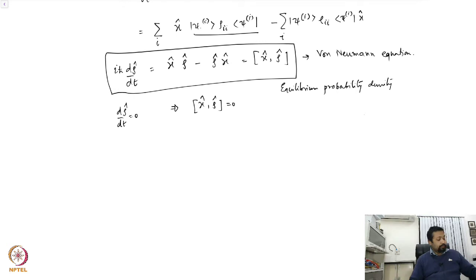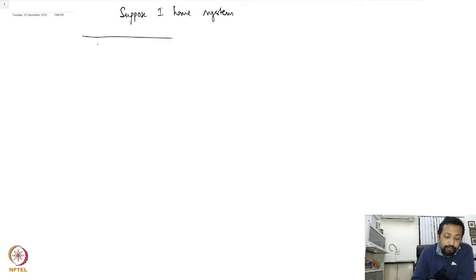So now, we'll come back to this, but we want to take a look at the density matrix from a different perspective, right? So suppose I have a system. Now this system I can split in two parts.